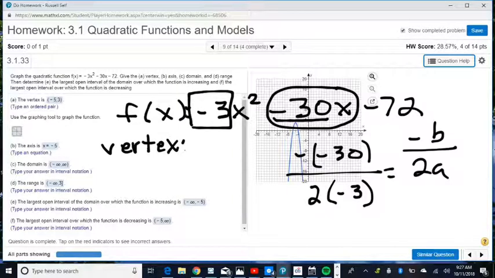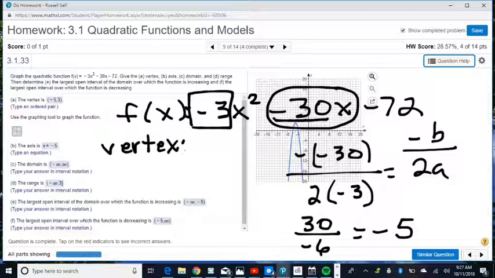Well, minus negative 30 is positive 30. 2 times negative 3 is negative 6. And 30 divided by negative 6 is negative 5. And so that's where they're getting that negative 5 as the x value of the vertex. Okay? So that's the x value right there.